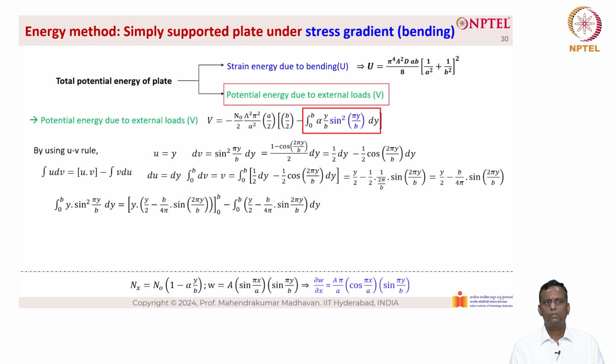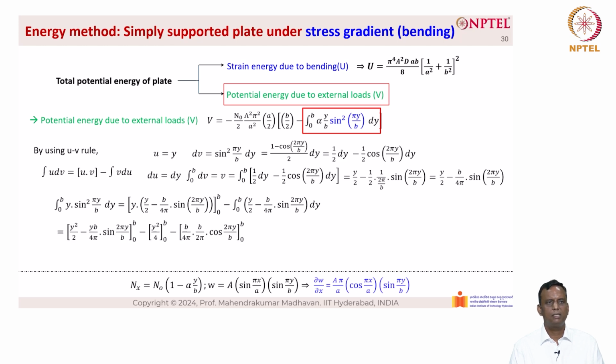So this value is given as y by 2 minus b by 4 pi into sine 2 pi y by b. When we substitute that into this equation, we have integral 0 to b y into sine square pi y by b into dy equal to y into y by 2 minus b by 4 pi into sine 2 pi y by b, bracket close, 0 to b, minus integral 0 to b of y by 2 minus b by 4 pi into sine 2 pi y by b into dy.